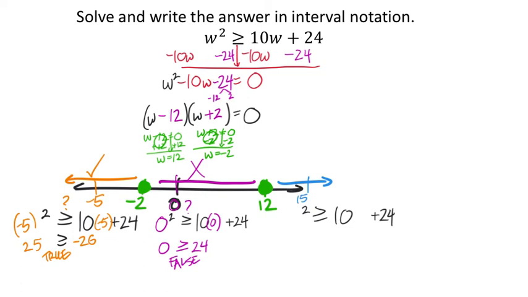So I got 15 squared should be, question mark, greater than or equal to 10 times 15 plus 24. Now 15 squared, I believe, is 225. And this would be greater than or equal to 174. That right there is true. And so, yeah, we get a true statement. I got my check mark there.